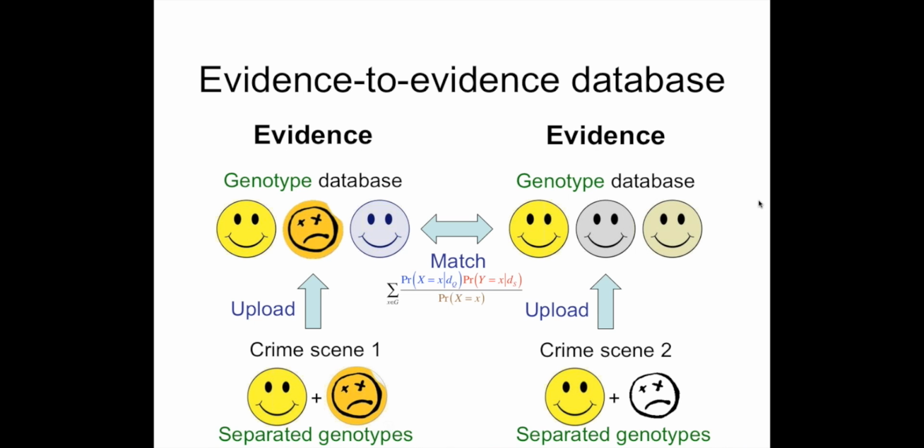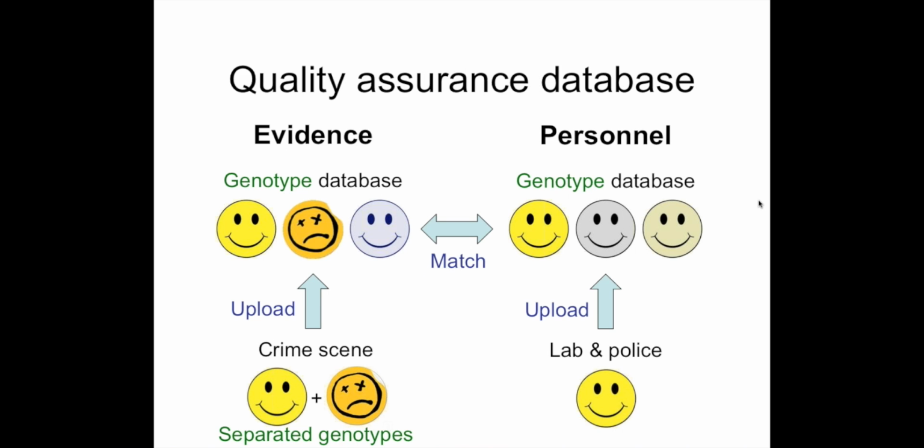And when all of those genotypes are uploaded to the database, then evidence genotypes can be compared against evidence genotypes, and matches can be determined, as shown in the center, with that same likelihood ratio formula for general single contributor genotypes that we've seen throughout. And this is a way of having a database make automated case-to-case comparisons on 100% of the evidence without any restriction of what can be compared.